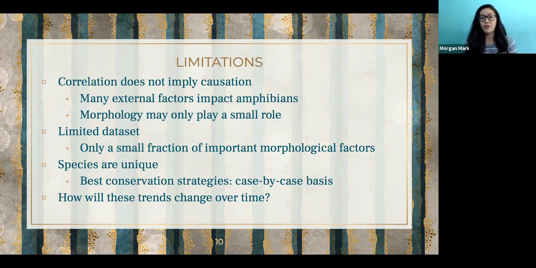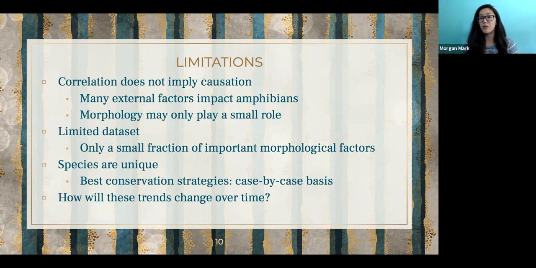As I mentioned on the first slide, human activities are one of the biggest factors, including but not limited to habitat loss, pollution, and disease dispersal, which has really impacted amphibians over the past half century. So just because I decided to look at morphology doesn't mean that this is the only factor that determines conservation status.